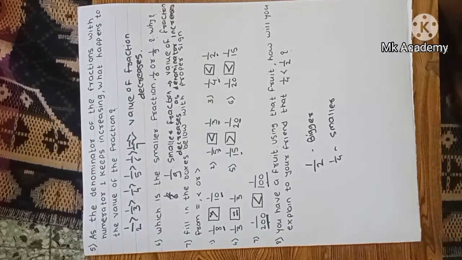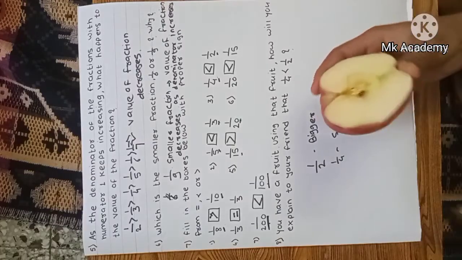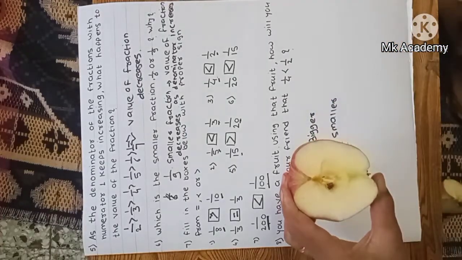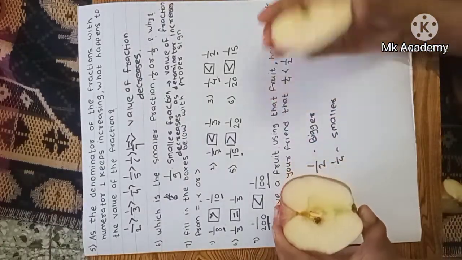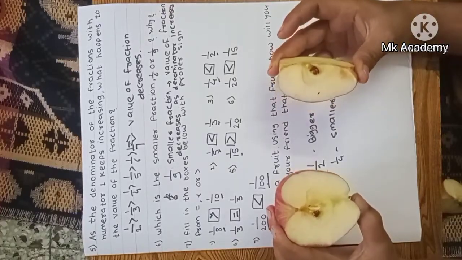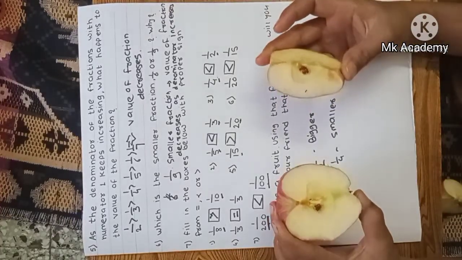See, how can we see 1/2? This is two parts and this is four parts, 1/4. Then which is the smaller piece or smaller part in this?